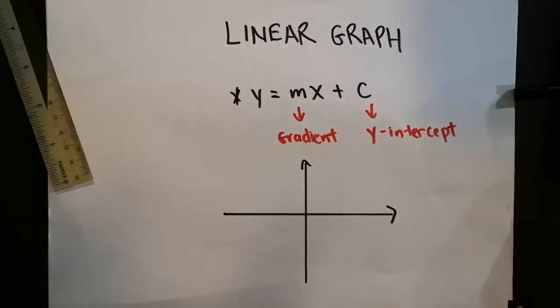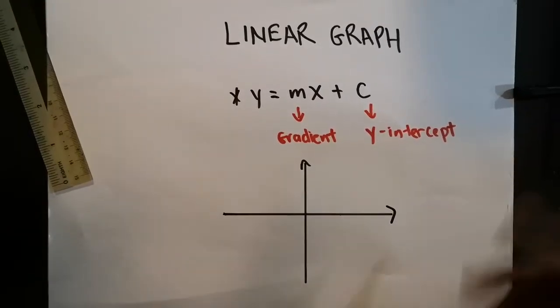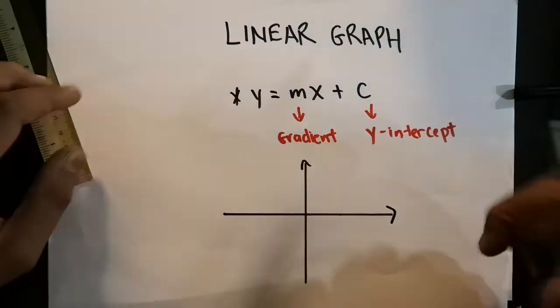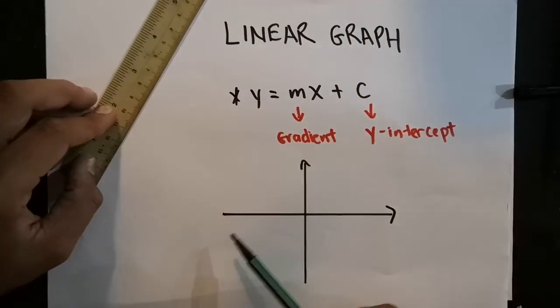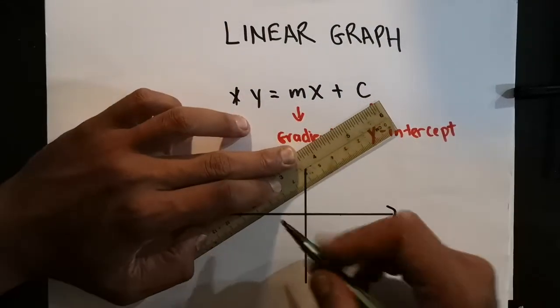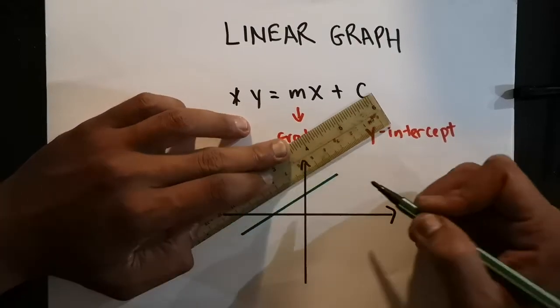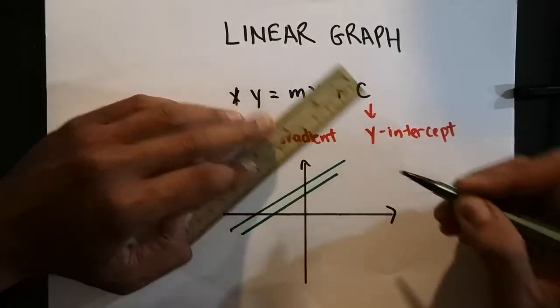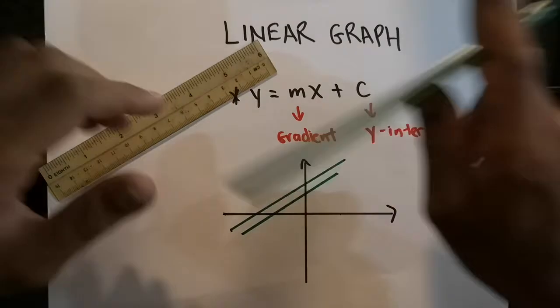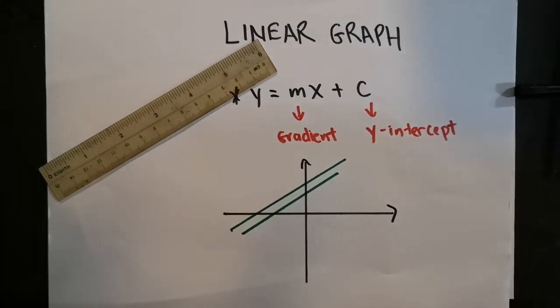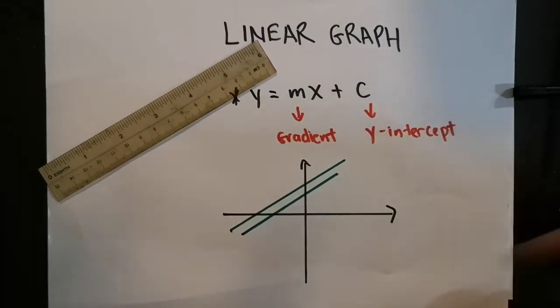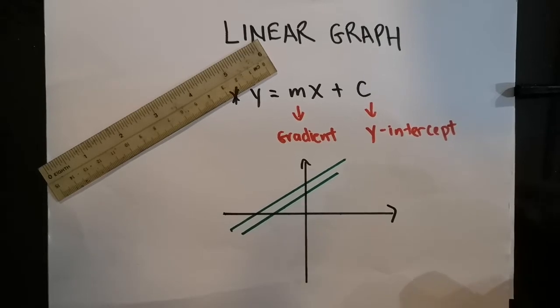Okay, simple. So now, if the gradient, the m is a positive value, means it's going upwards. So it's like this. This is a positive gradient and this is also a positive gradient. As long as it's going upwards, it's a positive gradient. So if it's a negative gradient, it's going the opposite direction, which is going down.